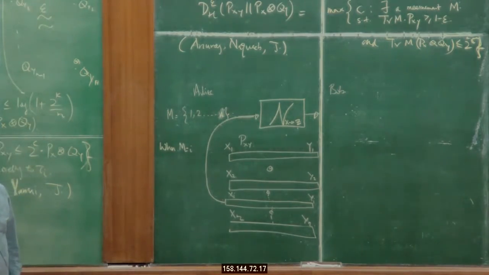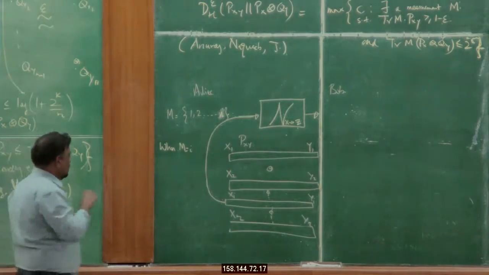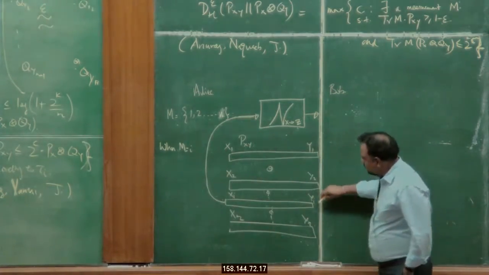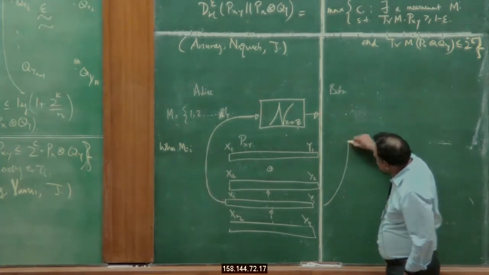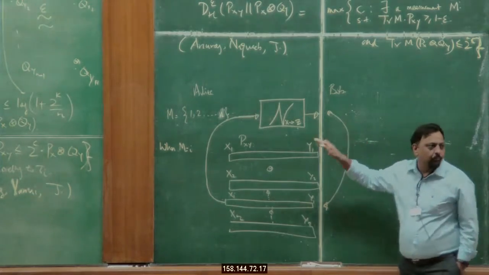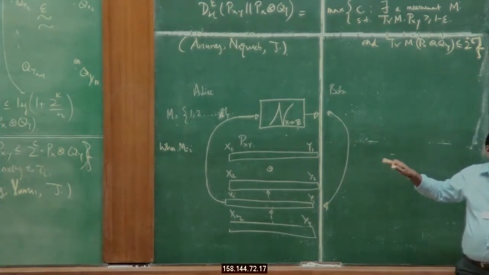Okay. So then we can see that when M is I, these two have some joint distribution, right?